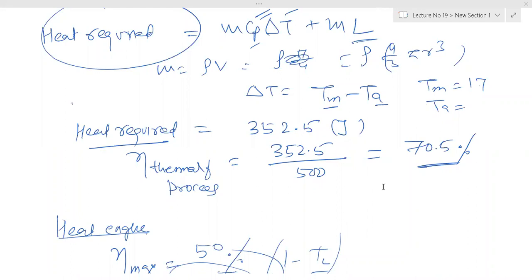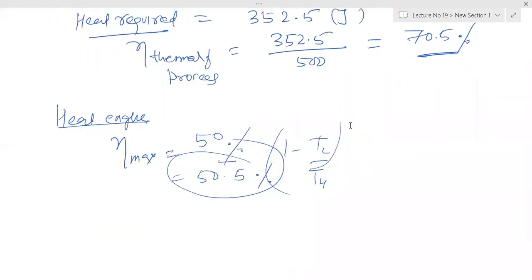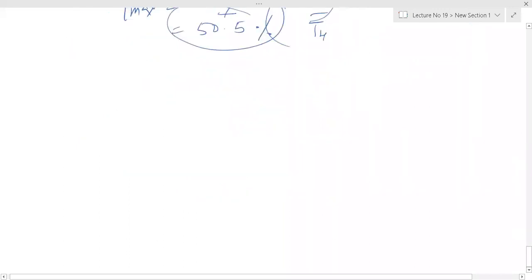Energy conservation. So you are supplying I square RT, right?